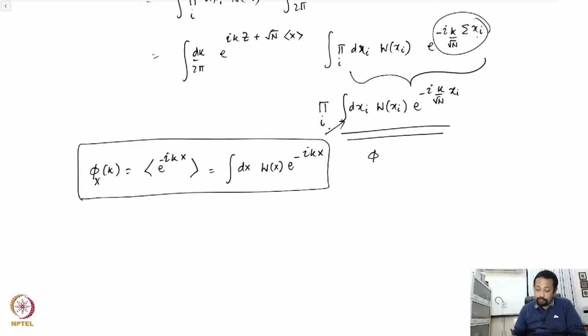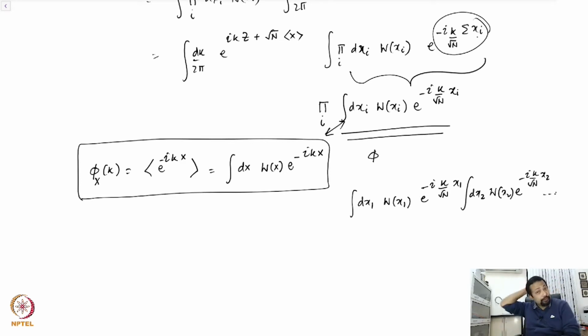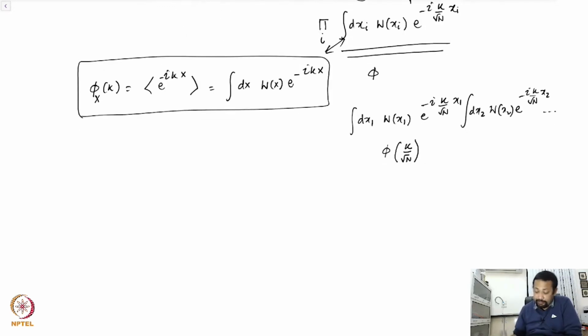If I do the mapping, then this integral, the product of these integrals, is the integral dx1 w(x1) e to the power minus ik x1 over square root n, dx2 w(x2) e to the power minus ik x2 over square root n, so on and so forth, all the way up to xn. But the form of w is the same. That's one of the advantages that we have in our discussion. So I can clearly write this as phi of k over square root n, and therefore the product of these integrals becomes this raised to the power n.